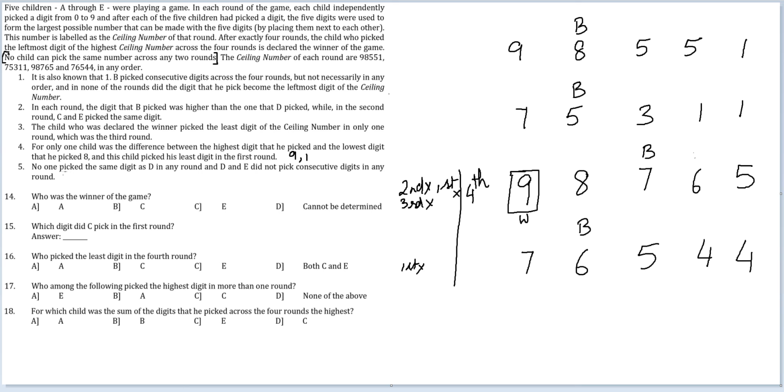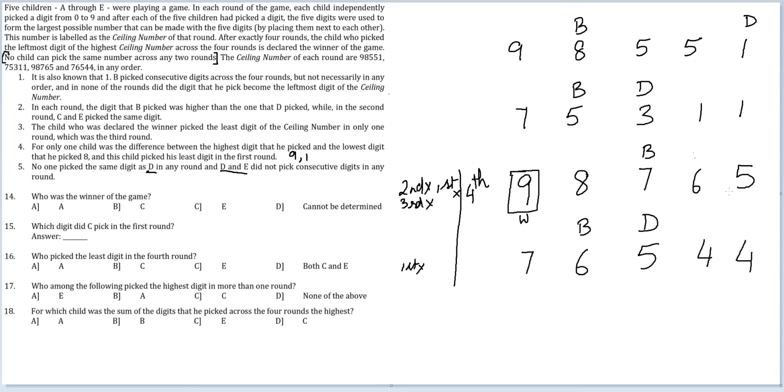Cool. No one picked the same digit as D in any round, and D and E did not pick consecutive digits in any round. Okay, so D has to be lower than B, and D has to have a unique digit. So for the first number 98551, D will necessarily come here. Also D will necessarily come here. Also D will necessarily come here.